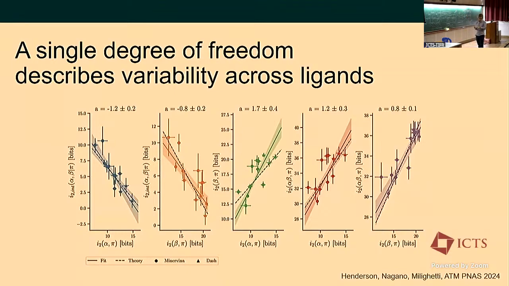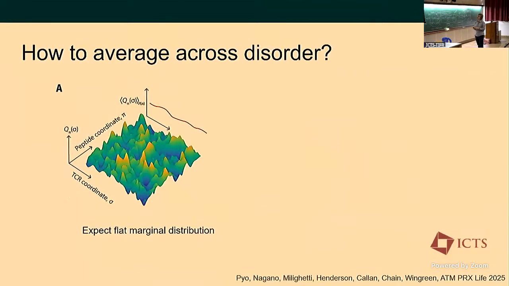So with that, I want to come to the question of, well, why does that work? And maybe also the question of what are the sequence similarity metrics that we should be using in this. So one thing that you could do, and that maybe also gets back to the question of how much do you see just from selection, is, well, if you have your TCR coordinate and your peptide coordinate, and you just look at the average selection factor across a very rugged landscape, presumably you will see something.